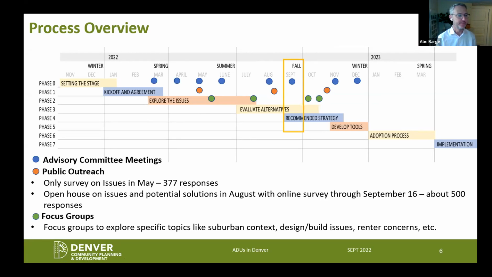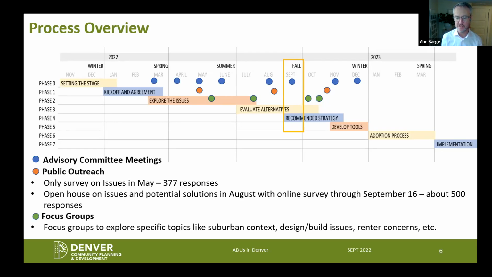So the DADU is an acronym for detached accessory dwelling unit. An accessory dwelling unit can be attached or detached, and when we say ADU, we mean both. The attached ADU is in the primary structure, like a basement apartment, or a dwelling unit anywhere just inside your house.